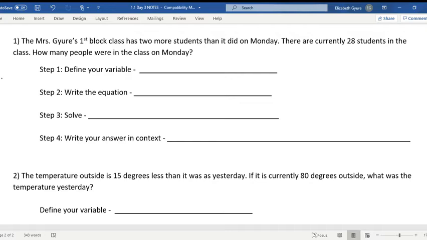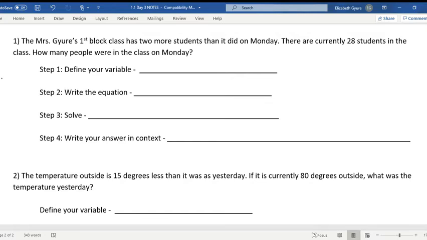So Mrs. Geyer's first block class has 2 more students than it did on Monday. There are currently 28 students in the class. How many people were in the class on Monday? The first thing we need to do, I know that a lot of people can just read this and be like, oh, it's this many people. That's not quite the objective of this problem.